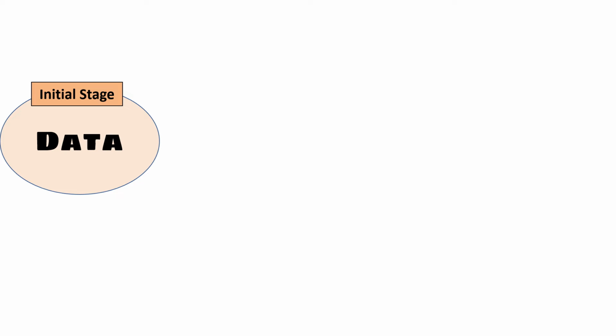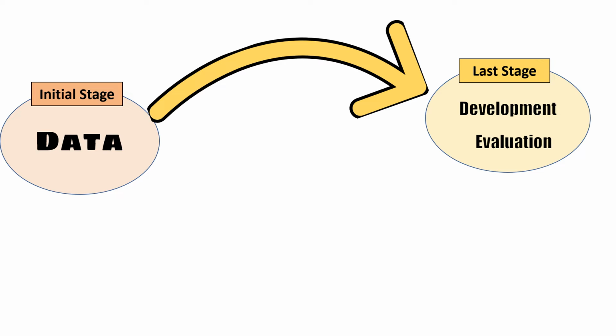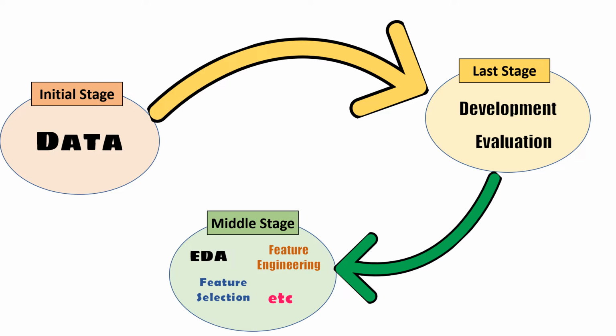The other approach is: you have the initial stage, and then with whatever data you have available, with just some mandatory changes, you directly build a model and evaluate it. Based on that evaluation, you go back to the middle stage and do exploratory data analysis, feature selection, feature engineering, etc., meaning you modify the data.